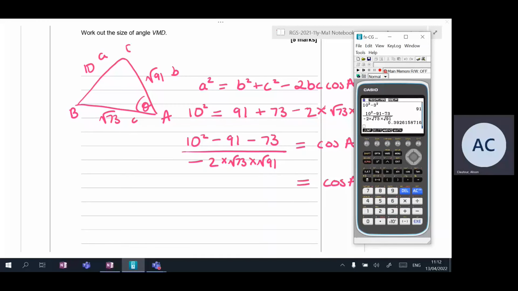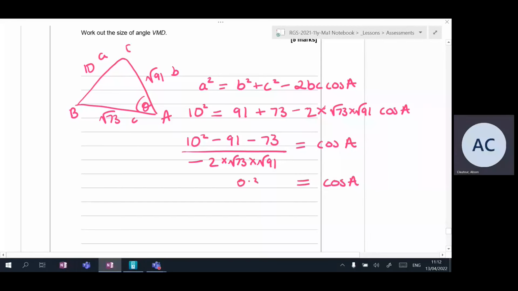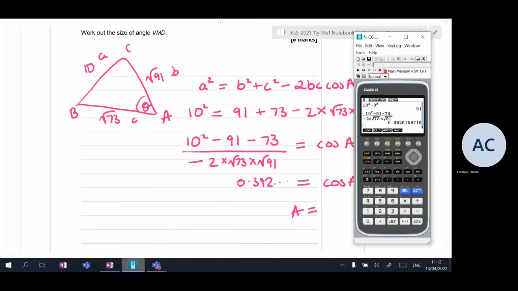Okay, so we've got an expression: cos A is 0.392. And then inverse cos gives you 66.9.